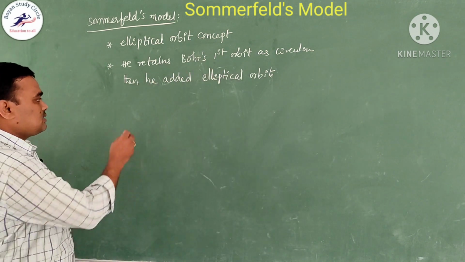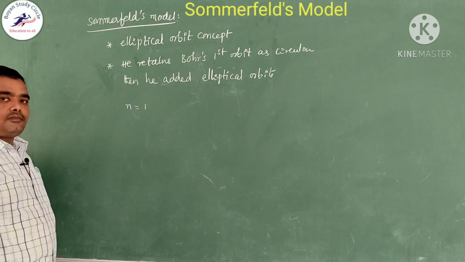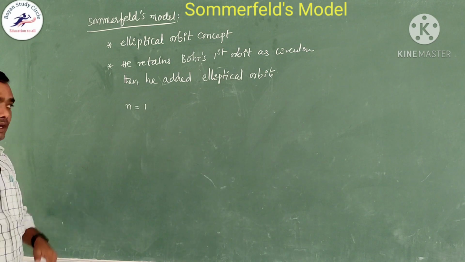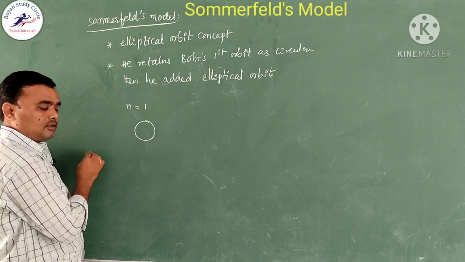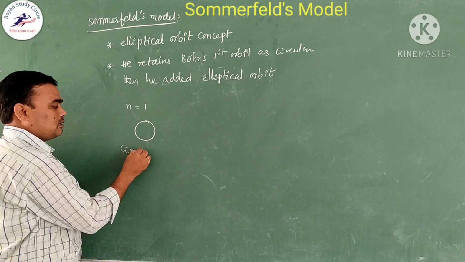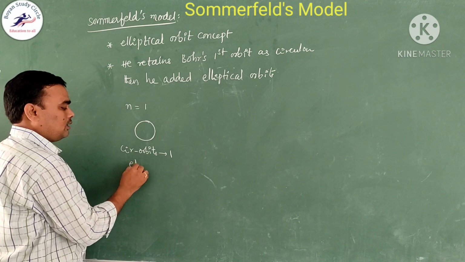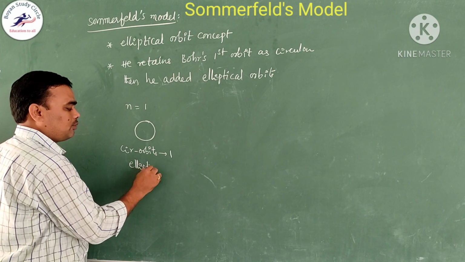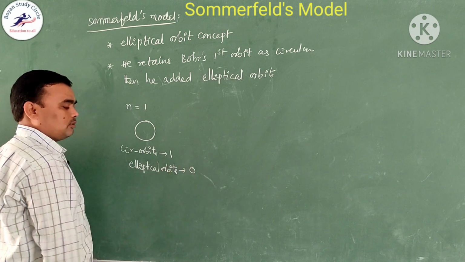Further we move on. For example, you take n is equal to 1, that means the first orbit as per Bohr. The first orbit is circular, so circular orbits are 1 and elliptical orbits are 0.